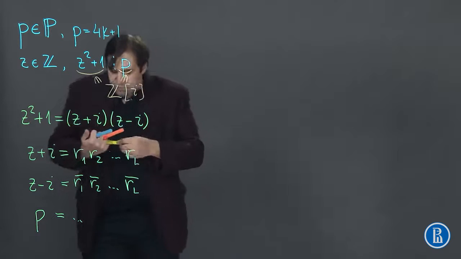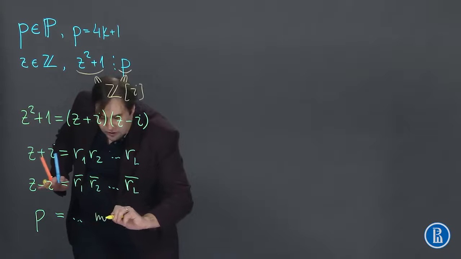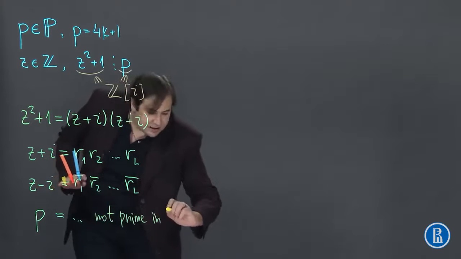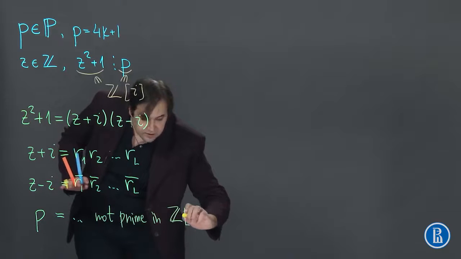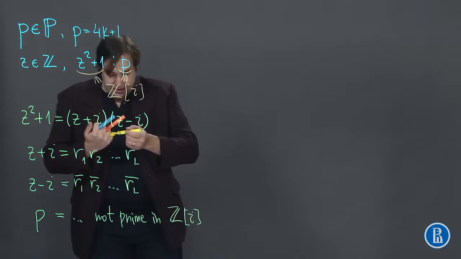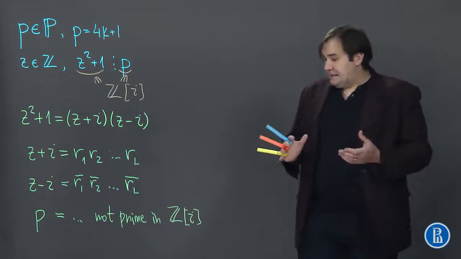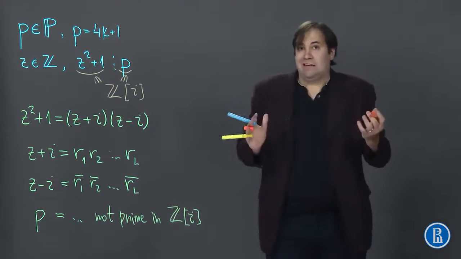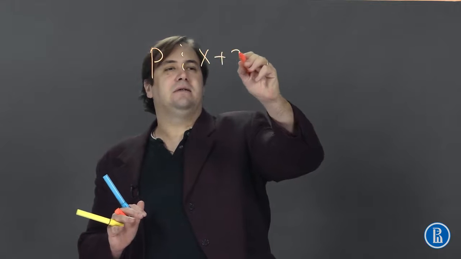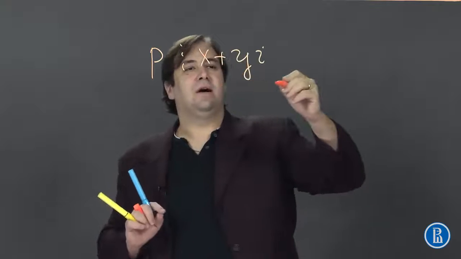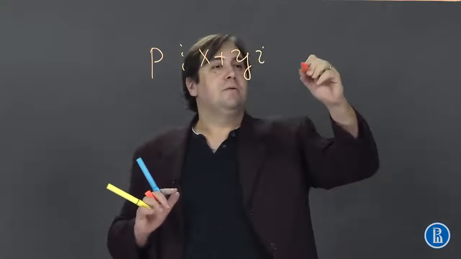Well, since p is not prime in the ring of complex integers, this means that p has a divisor. p is divisible by x plus y i, where both x and y are integers, of course, and they're both non-zero.